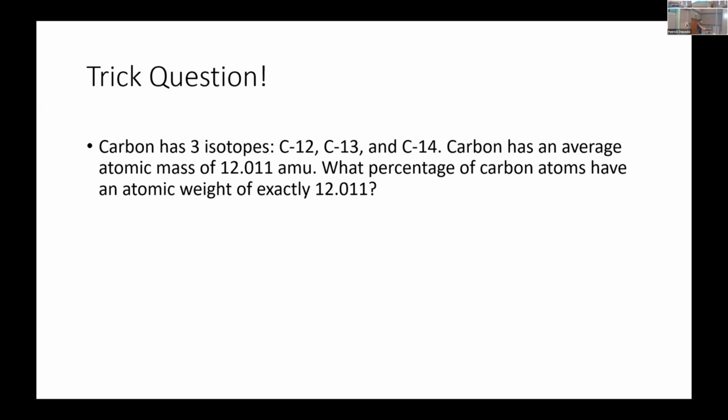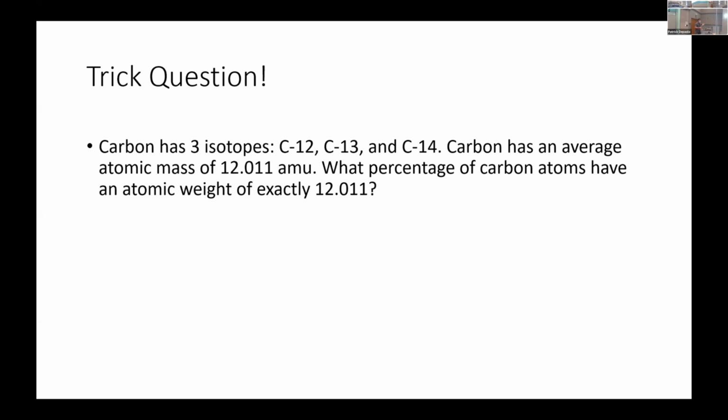For carbon 12 it's 98%, carbon 13 is like 1%, carbon 14 is like 0.04%. Every sample I take will have exactly those ratios, because we're taking so many atoms that the isotopic abundance will equal out no matter what sample we take.